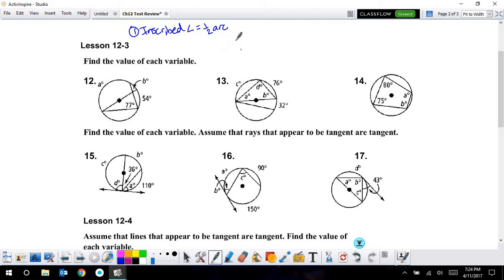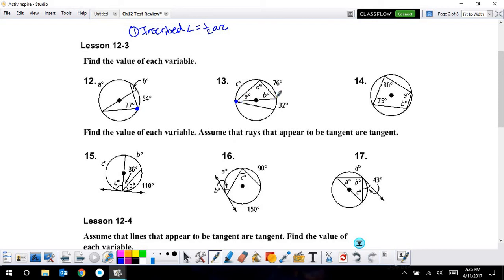Okay. So what I mean by an inscribed angle, that means if you look at like this angle of 77 degrees, the vertex is actually on the circle. It's touching the edge of it. You'll notice for like 13, angle A, the vertex is on the circle.